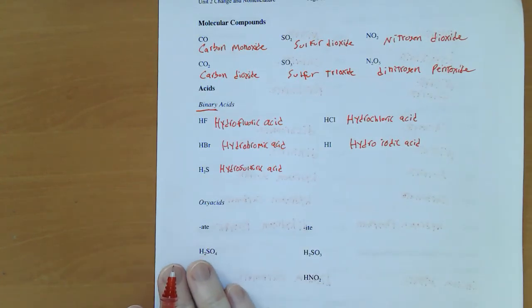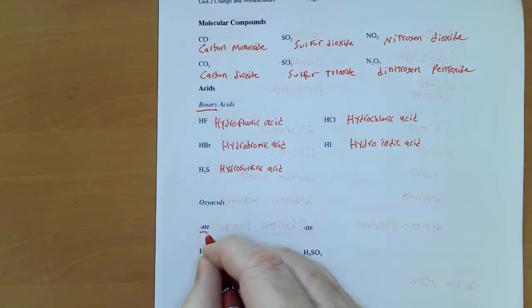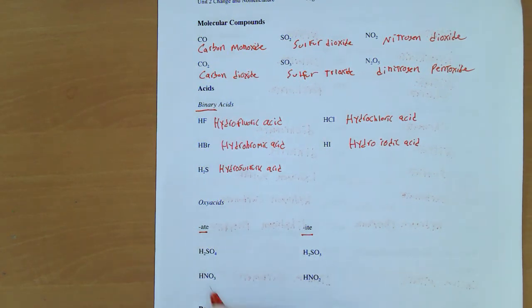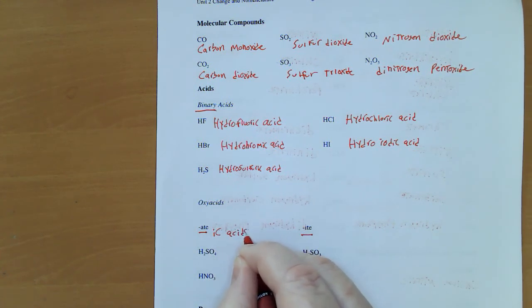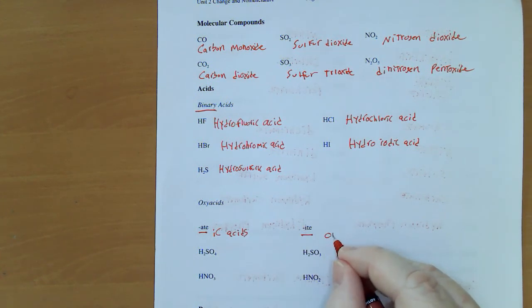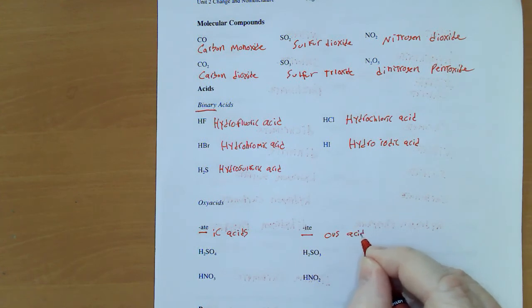Okay, now oxyacids. When it comes to oxyacids, we look at what the name of the polyatomic ion is, whether it's ate or ite. So ates become ic acids, and ites become ous acids.